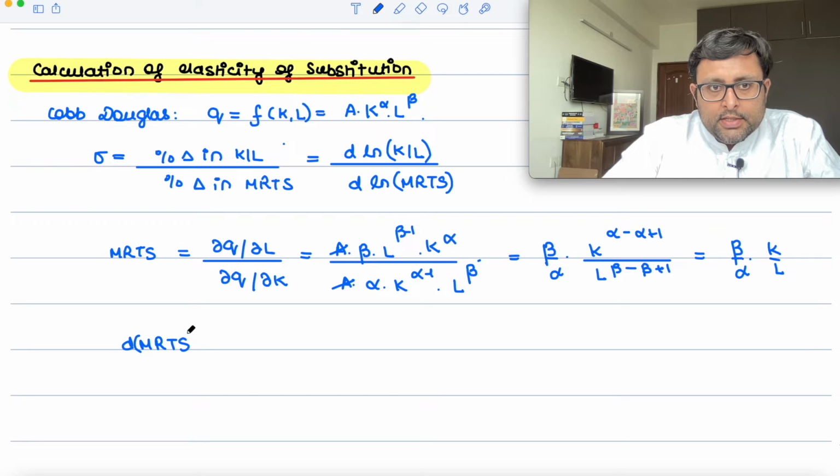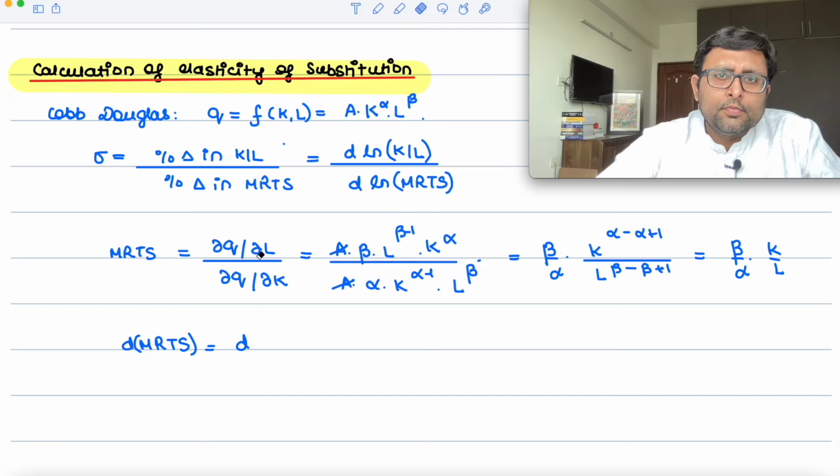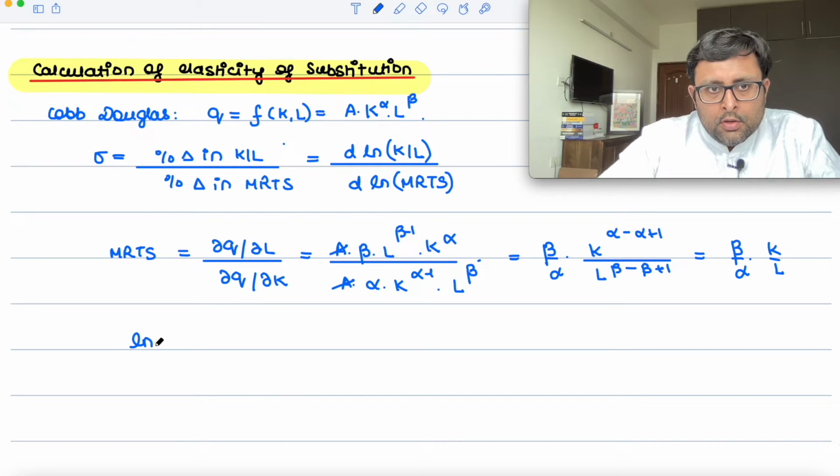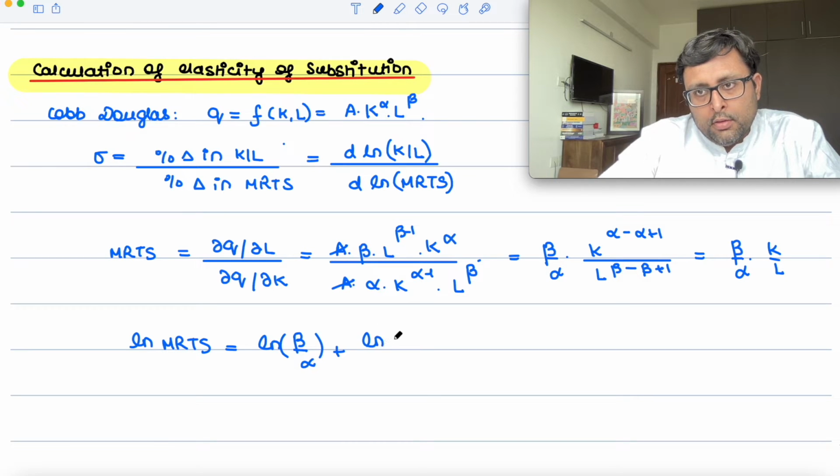What is d MRTS then? Okay, let me just take the log first. So log of MRTS is what? Log of beta by alpha plus log of K by L, right?